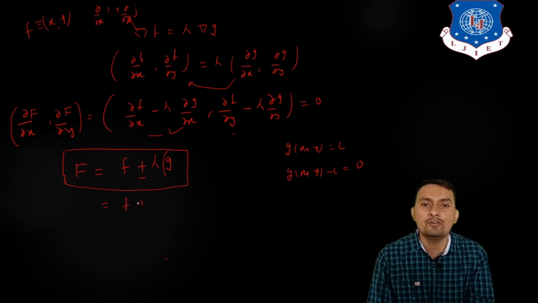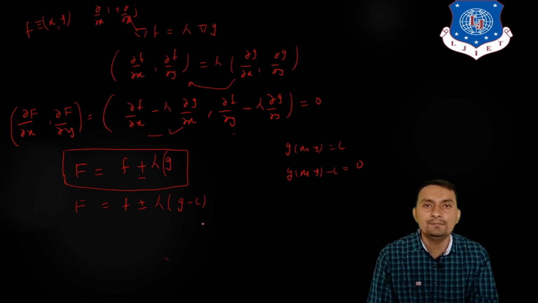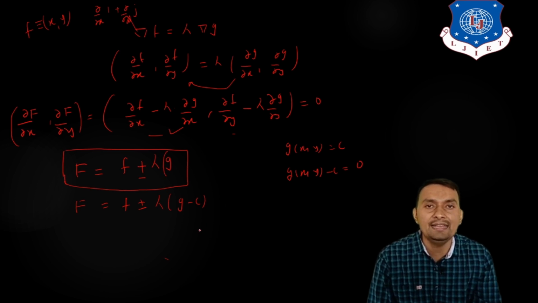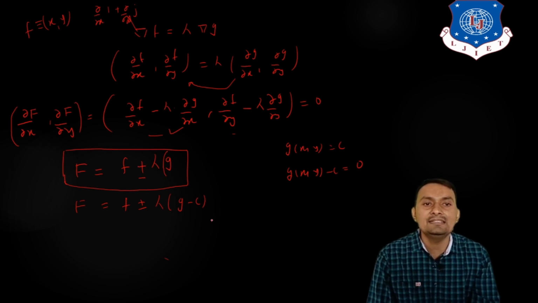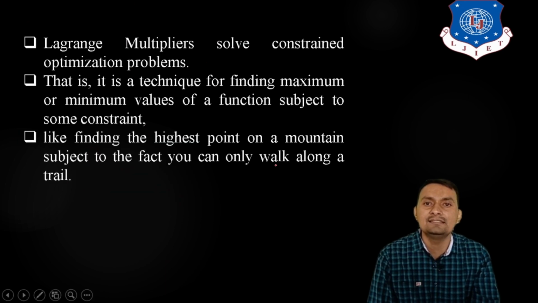In that case, our formula becomes F equals f plus or minus lambda times g of x, y minus c, and that is known as Lagrange's equation. After that, we find its partial derivatives with respect to x and y and take them equal to 0. After that we can determine lambda, x and y, and whenever required, we will use this.